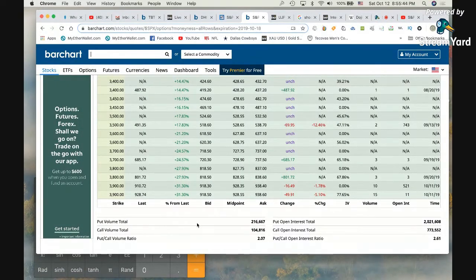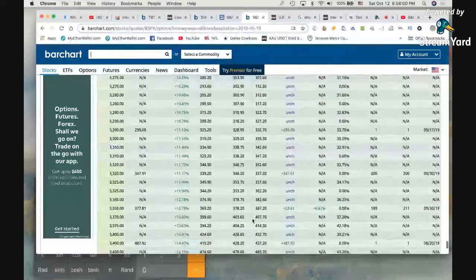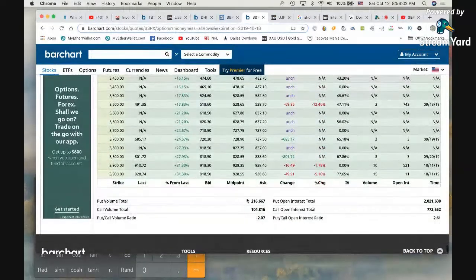So what you see is the puts here are outnumbering the calls 2.07. So there are 2.07 times more puts than calls traded in this particular expiration. Now, at the end, these are just transactions. Think of it that way. Open interest is how many stayed on the book.